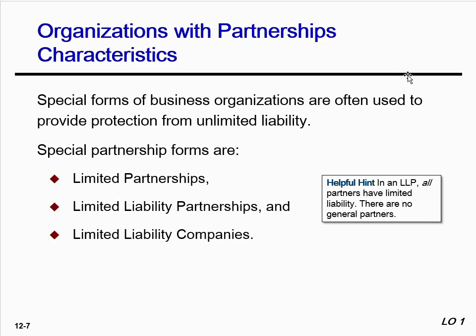First is the limited partnership. Second one is the limited liability partnership, which is also known as LLP. And third one is the limited liability company. Here they gave us a hint. The hint says that LLP, which is the second type, limited liability partnership, has limited liability for all the partners.